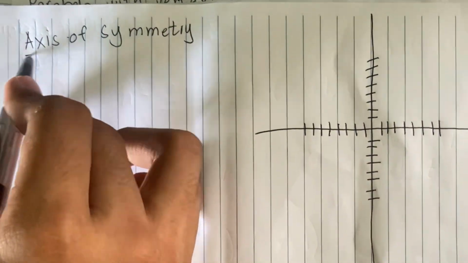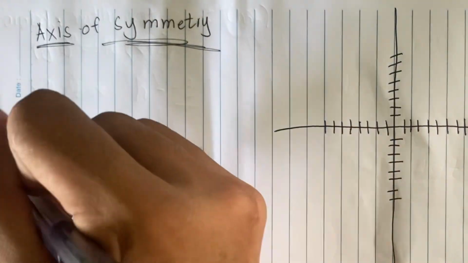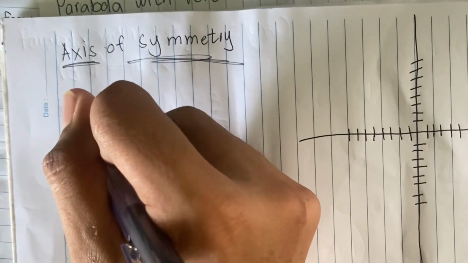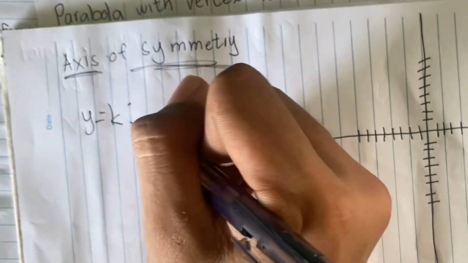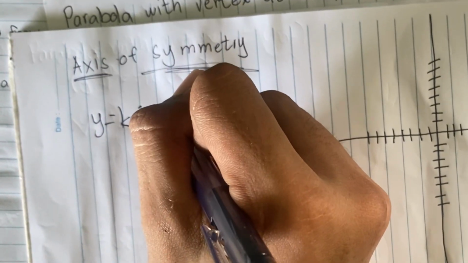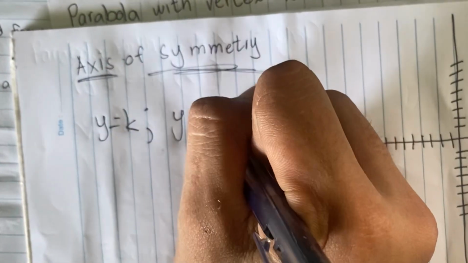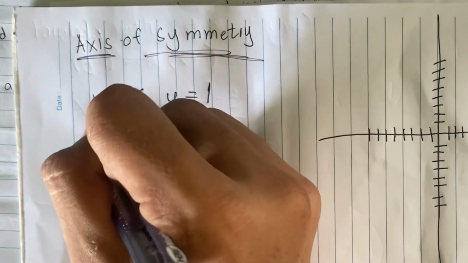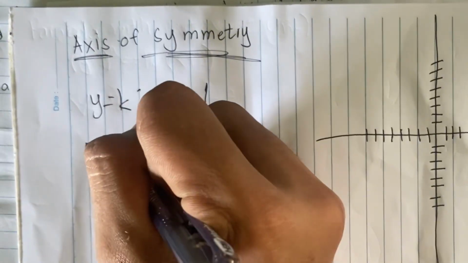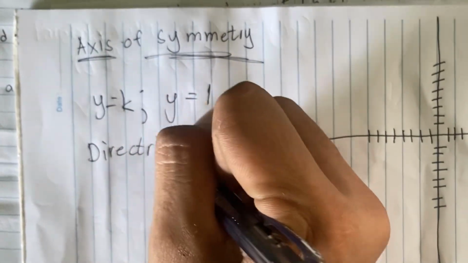And now we're going to find the axis of symmetry. We're just going to follow y equals k and substitute the k. Now we're going to find the directrix.